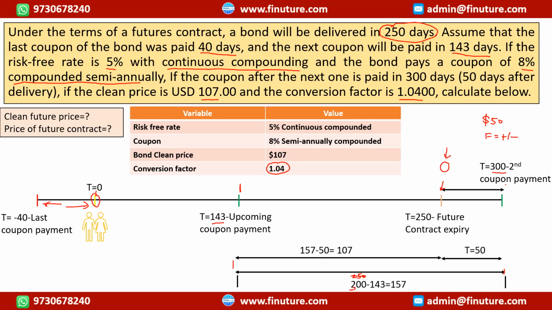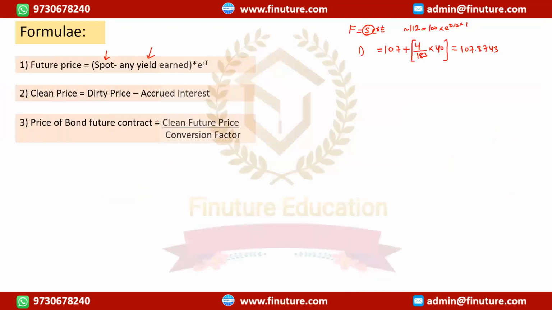There is a payment after 50 days of delivery. So this is a time window wherein we will earn some interest. So you will earn some yield in this time window between today and the future delivery. So we need to calculate this Y so that we can subtract this yield from spot price and compound this entire quantity. So let me compute this Y for you.